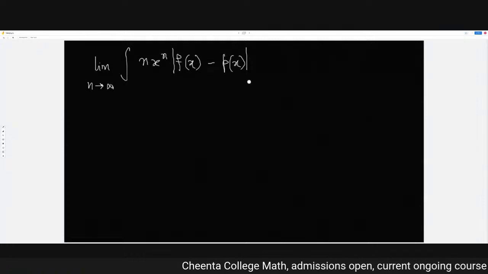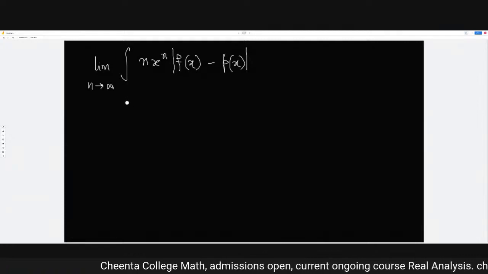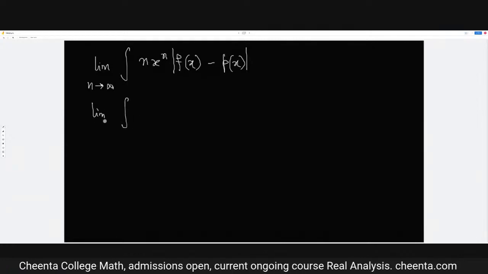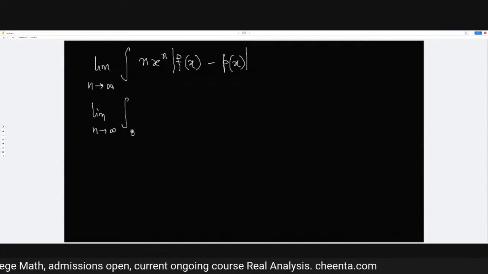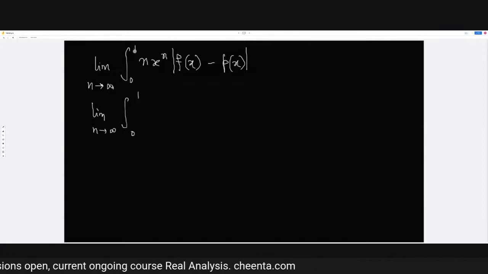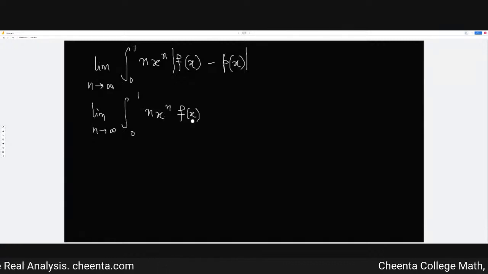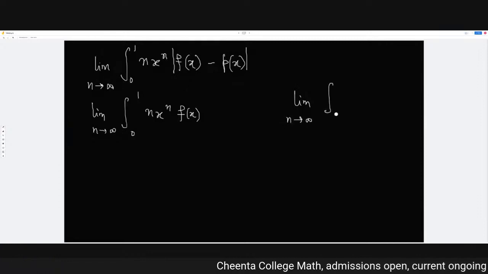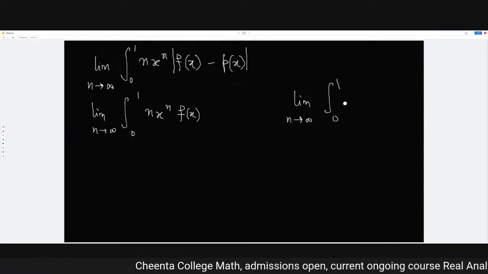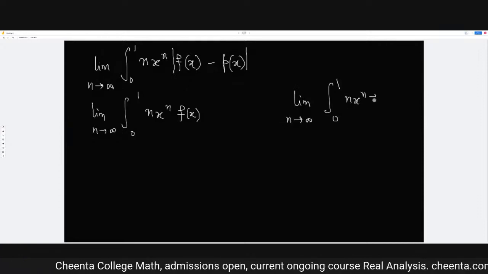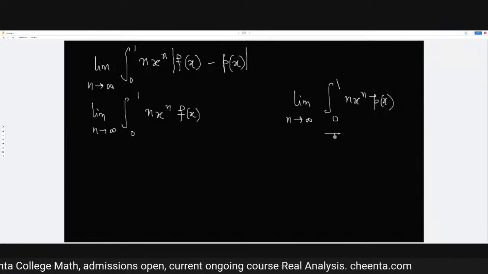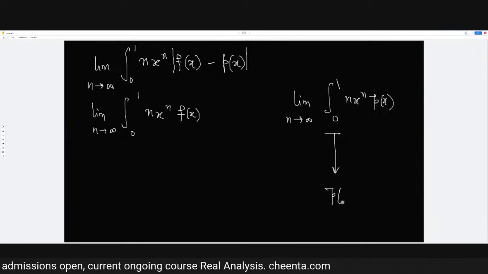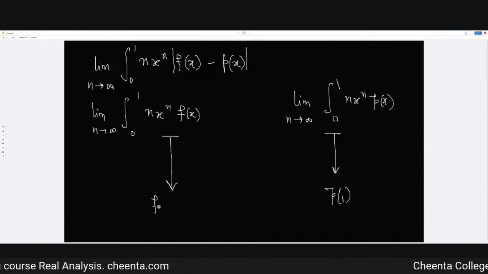Okay, so that means what? That means if you take these two integrals, the limit as n tends to infinity of the integral from 0 to 1 of n x to the power n f of x, and the limit as n tends to infinity of the integral from 0 to 1 of n x to the power n p of x. Since this thing converges to p of 1, by the Weierstrass approximation theorem, this thing will converge to f of 1.